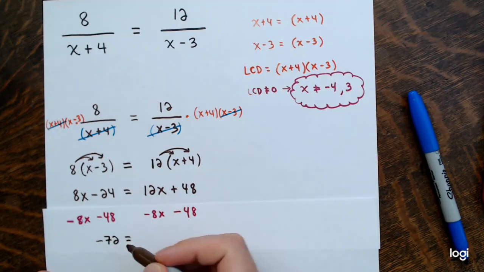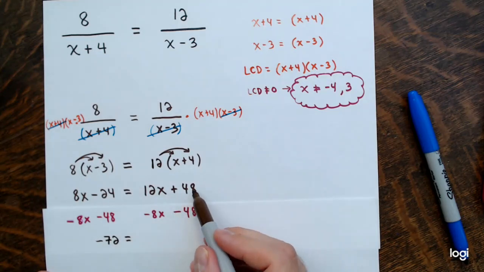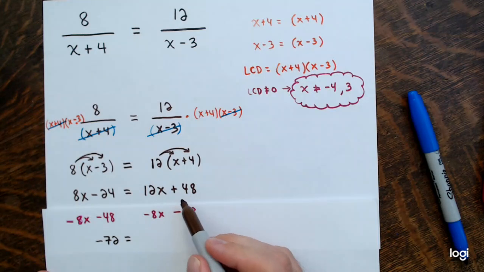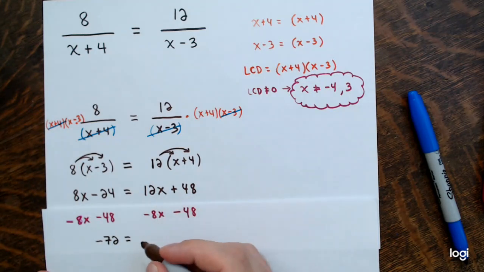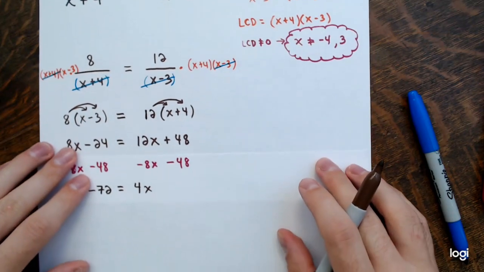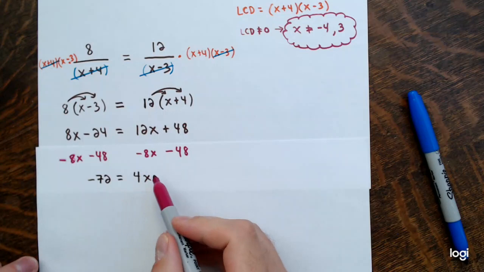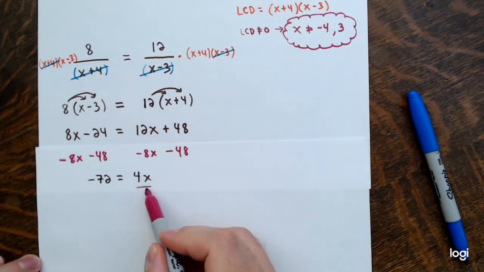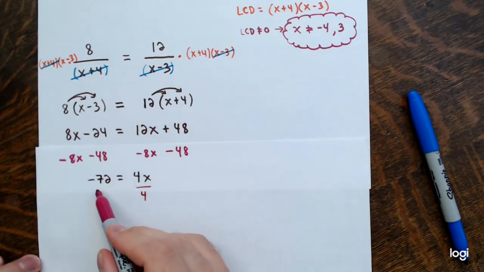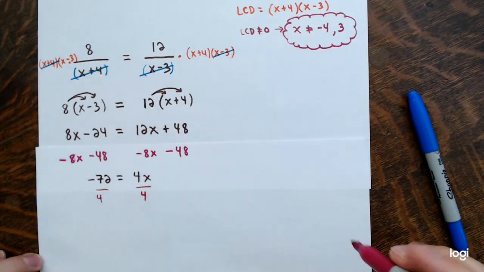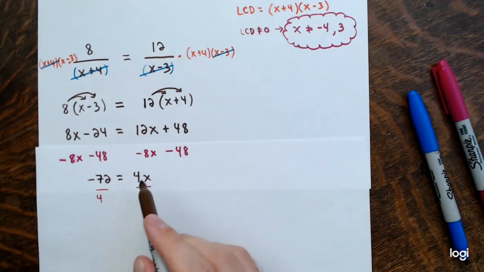So I'm negative 72 on the left, and then the 48 minus 48 is 0 here, and then 12x minus 8x would be positive 4x. And then I'm again solving for just x, not 4x. So I want to multiply by 1/4, or same thing as division by 4. So divide both sides by this positive 4, and again I'll switch sides here.